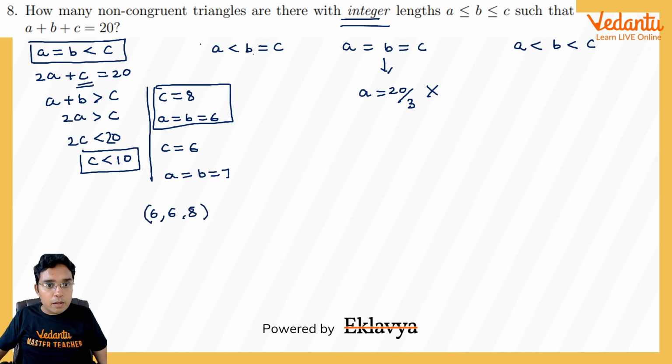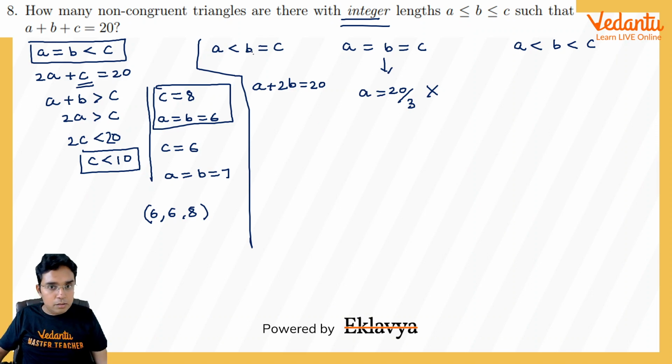Okay. Now coming to this second scenario. In this case, you can see A plus 2B or 2C, whatever you choose, will be equal to 20. And the difference of the two larger sides is 0.